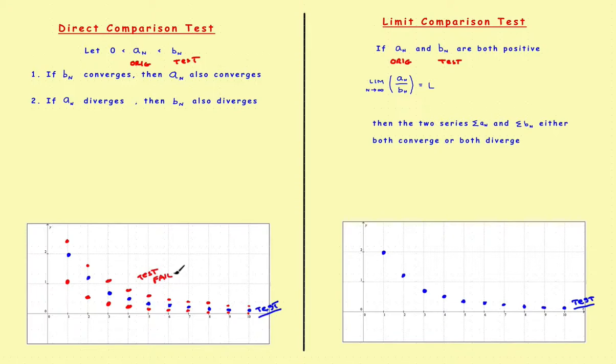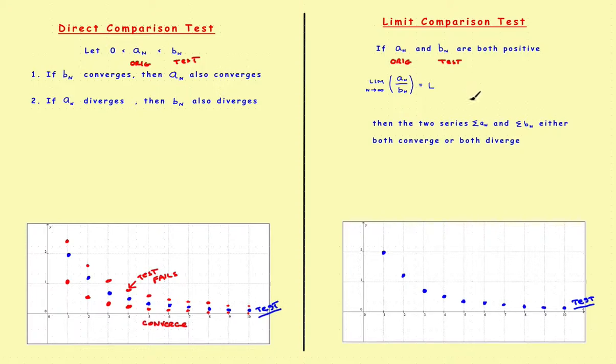So if the original series is above the test series, then the test fails. If the original series is below the test series, then it converges. So it's all based on whether the original series is less than or greater than the test series.